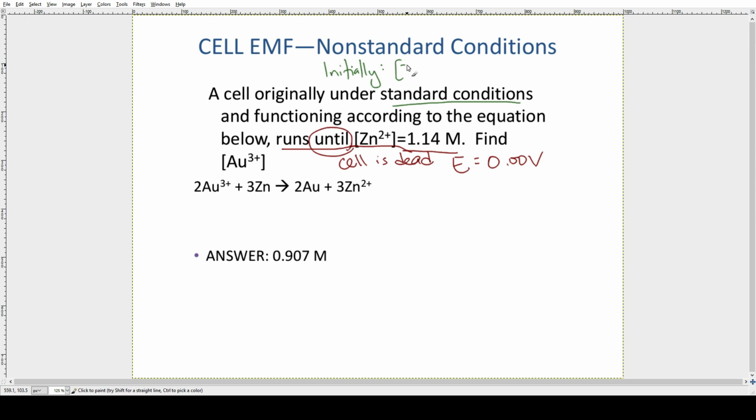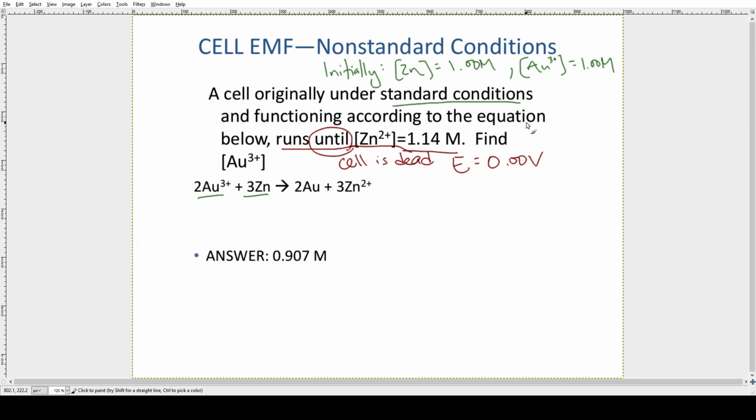Initially, my zinc was at 1 molarity, and my gold started off at 1 molarity. Remember, I'm using my reactants for this. Okay, so it started off at that.